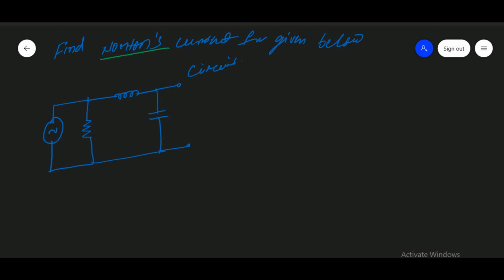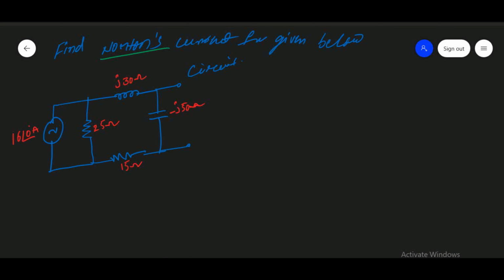The value given for this source is 16 with an angle of 0 degrees amperes, and this is 25 ohms, this is j30 ohms, and this is minus j50 ohms. We have to find Norton's current, that is IN.